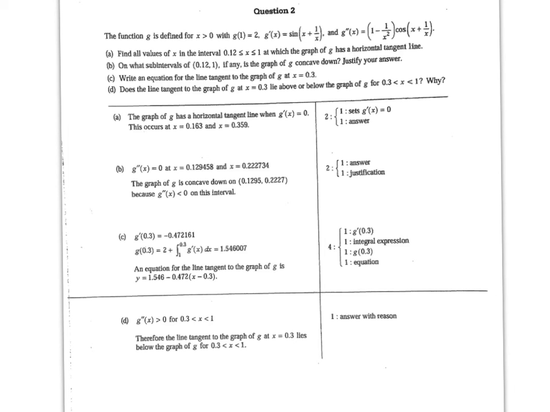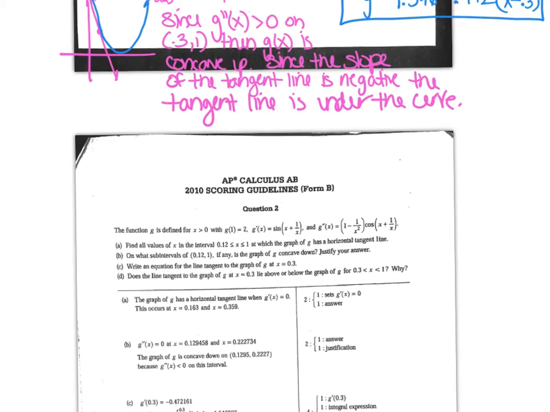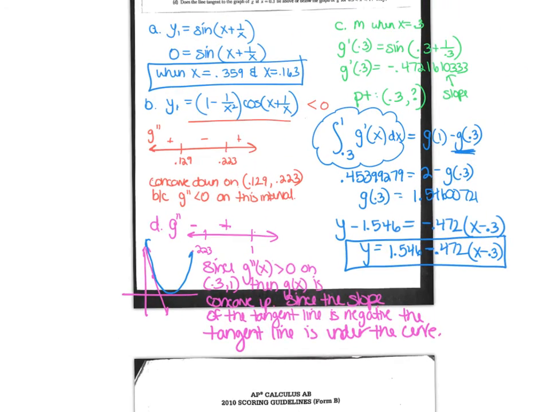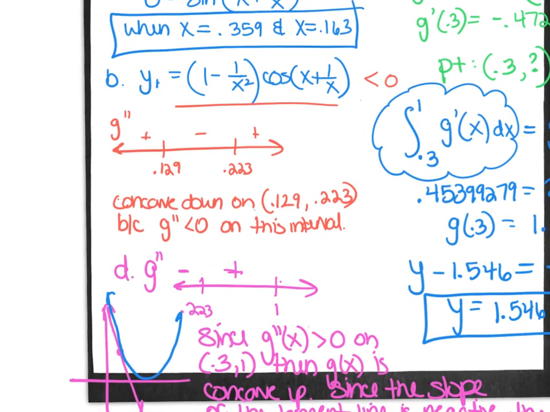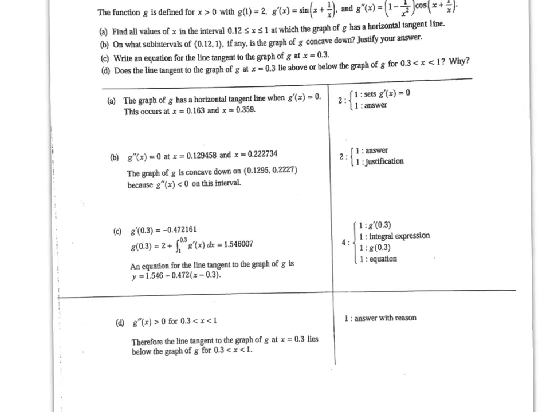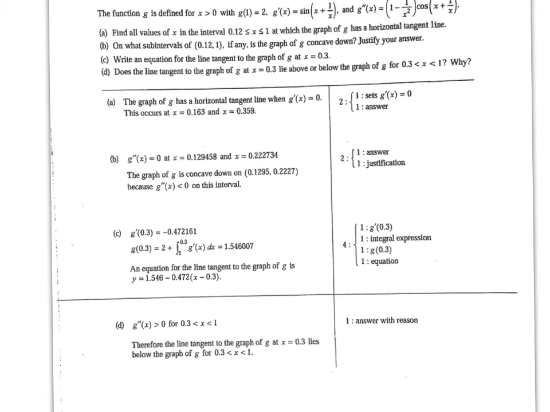The graph is concave down on that interval, and our justification is because G double prime is less than 0. So for your justification, remember to label that number line so we can clearly see it's negative. That's something important to do. In part C, you need to find your slope, so that's 1 point. Then they have the integral set up to solve for G of 0.3, so that's another point.